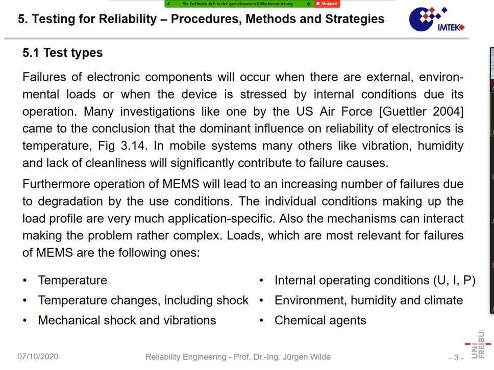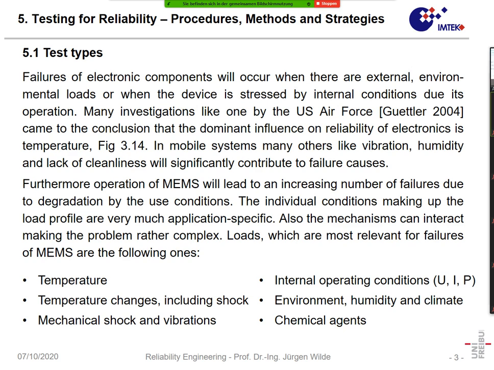So in fact, we want to stimulate failures, and the most stimulating physical influences on failures are temperature, temperature changes, temperature gradients, mechanical shock, vibrations, and on the other hand, internal operating conditions like voltage, current, dissipated power, because it increases the temperature over the environmental temperature.